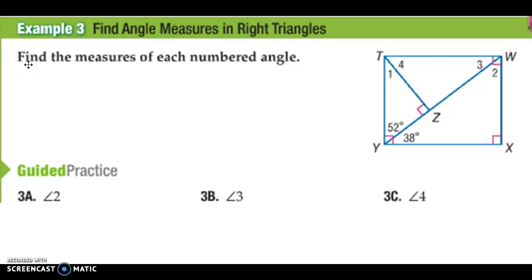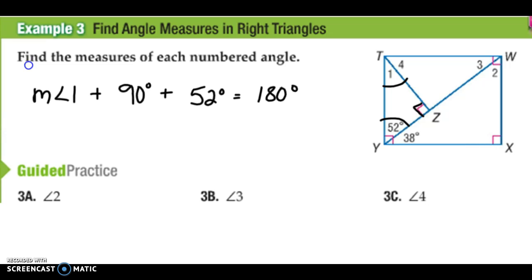Example 3 tells us to find the measure of each numbered angle. So let's go in order. First, measure of angle 1. Well, we know the measure of angle 1 plus this 90 degree angle plus this 52 degree angle have to all add up to 180 degrees.